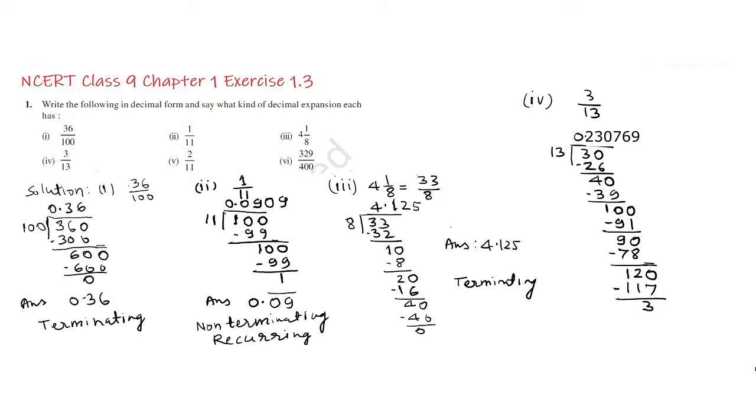We had started with 3 and again we have reached 3. So it will go on repeating like this. Our answer is 0.230769 bar, and this is non-terminating recurring.